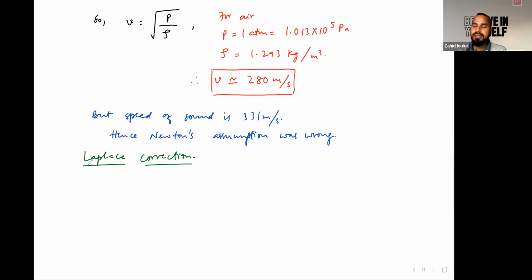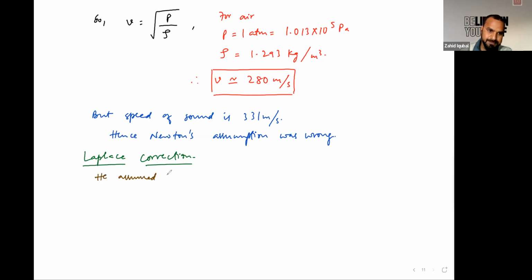I'll explain in thermodynamics, if a process is taking place very slowly, almost at rest, that will be considered as isothermal. And if a process is very fast, that will be considered as adiabatic. So in propagation of sound, there will be formation of compression and rarefaction very fast, so it will be treated as adiabatic in nature.